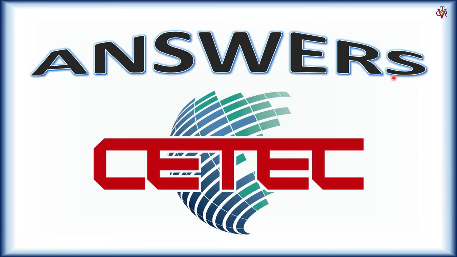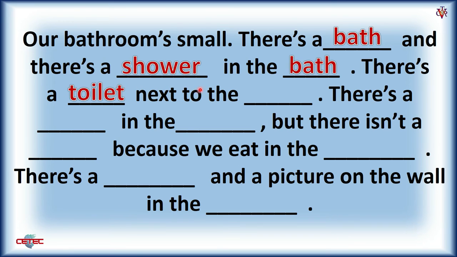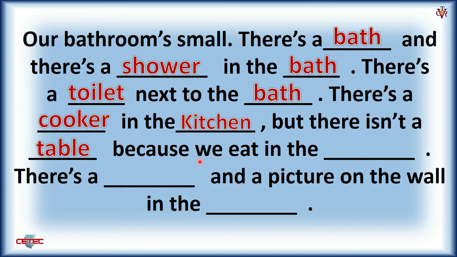Now, let's see the answers. How do they look? Our bathroom is small. There is a bath and there is a shower in the bath. There is a toilet next to the bath. There is a cooker in the kitchen, but there isn't a table because we eat in the dining room.